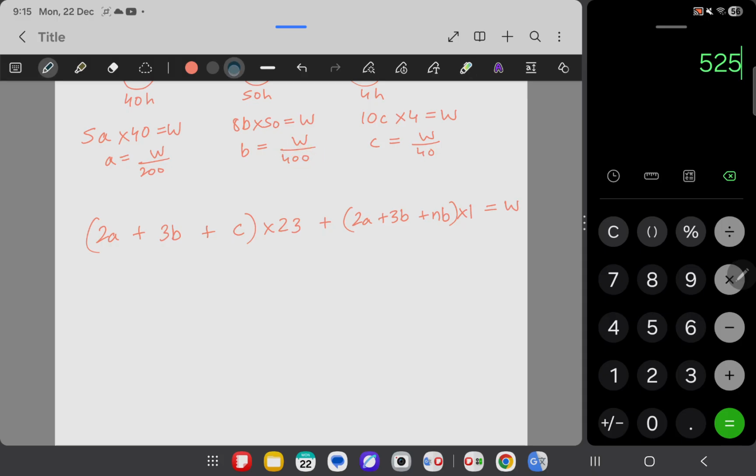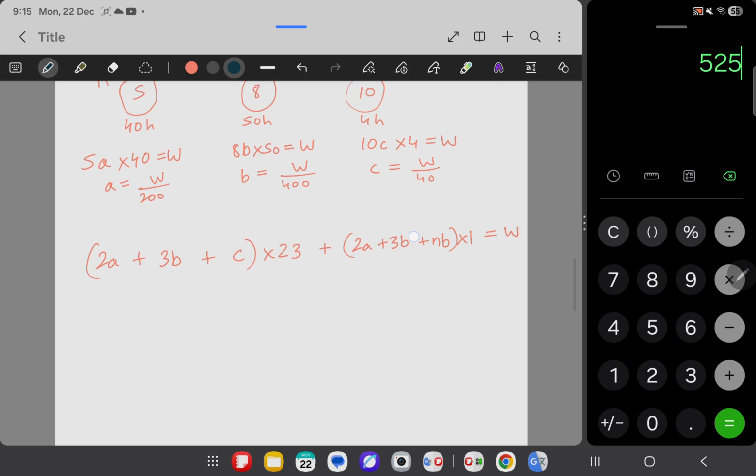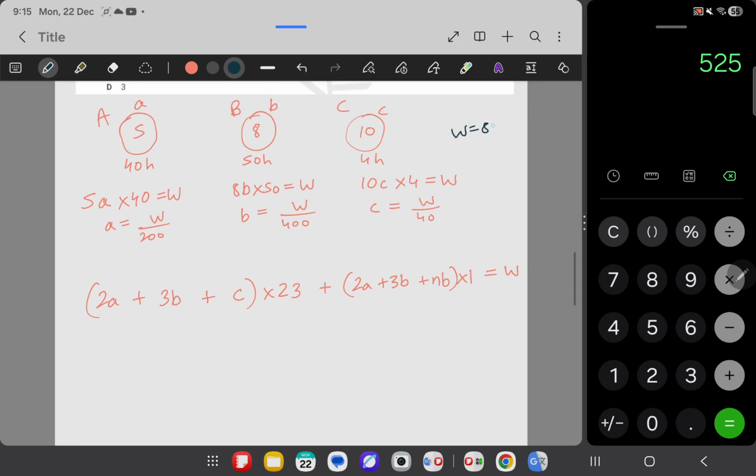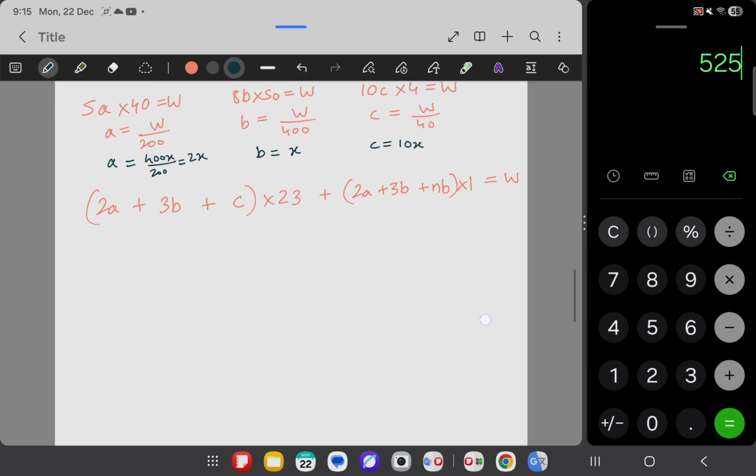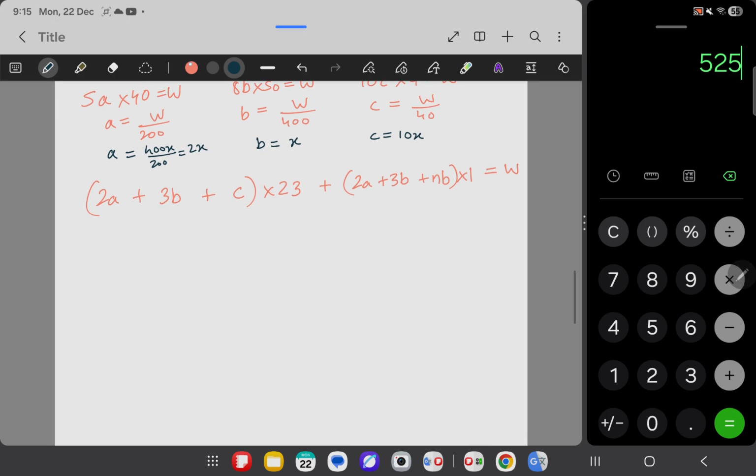So if I assume W equals 400x, how much will my A be? 400x divided by 200, it will be 2x. For B it will be x. For C it will be 10x. Got it? So we have each calculation.